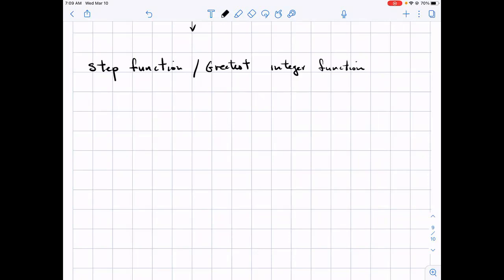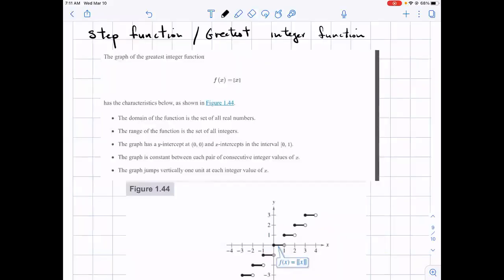So here is the step function, also known as the greatest integer function.